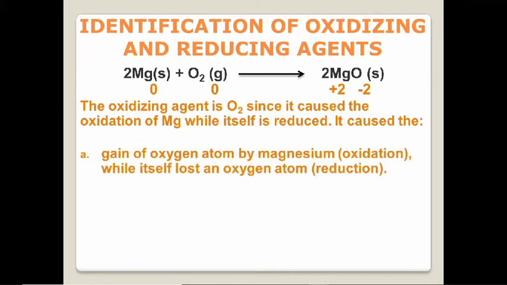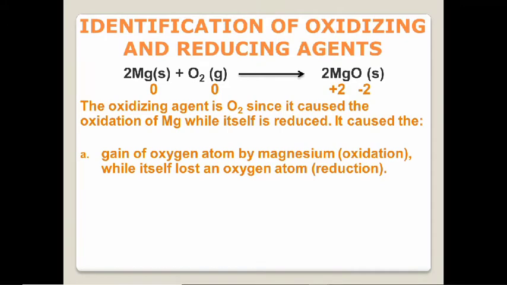Oxygen atom has been gained by magnesium from left to right. Magnesium has gained oxygen atom from the reactant to the product side, and therefore we now have magnesium oxide in the product side, showing that magnesium has gained an oxygen atom, and that is known as oxidation.